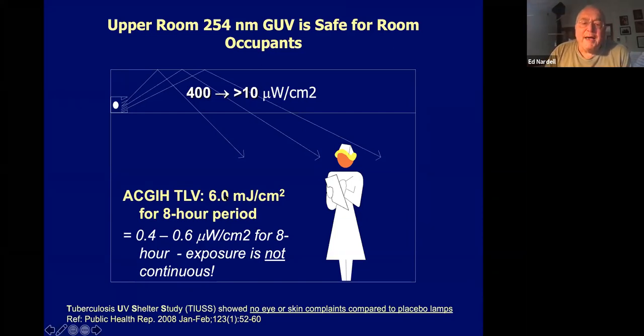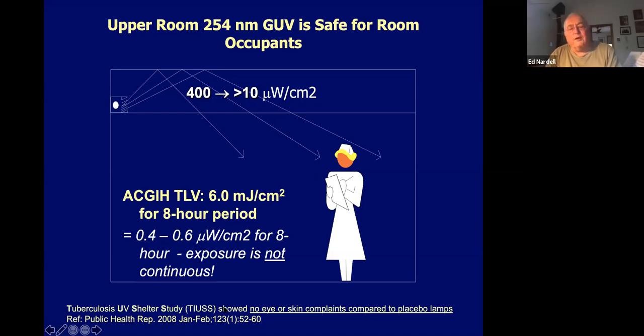By comparison, if you went out to sunbathe for 2 hours in the peak summer, you get a whopping 240 millijoules per centimeter squared of UVB, which is the kind that penetrates. We're not allowed to expose people in the room to any more than 6 millijoules of the kind of UV that doesn't penetrate. So it's trivial exposure, no effects whatsoever.